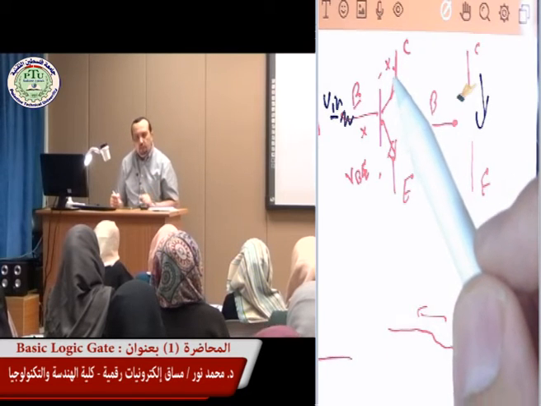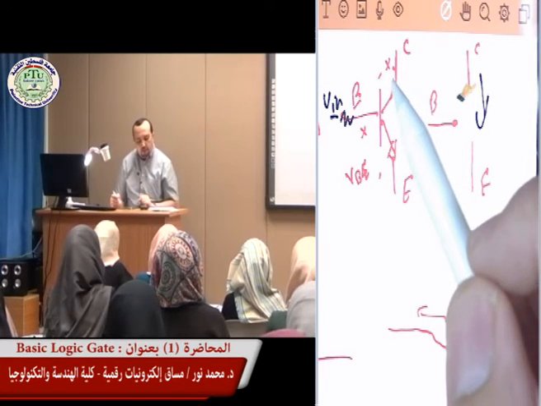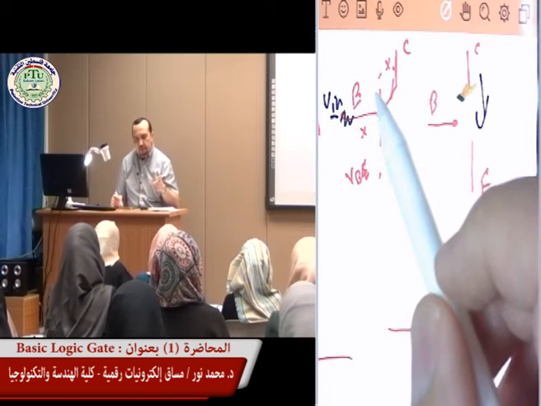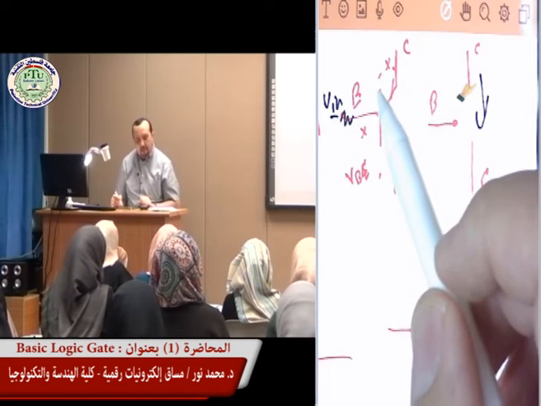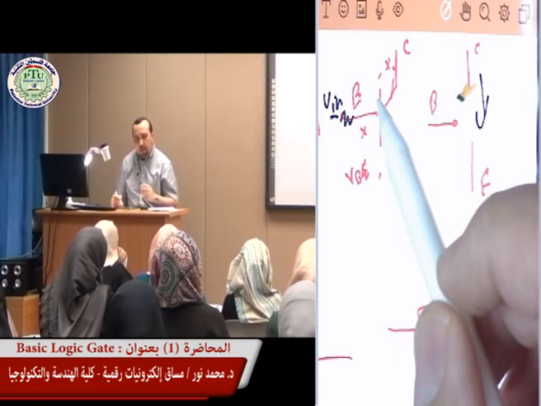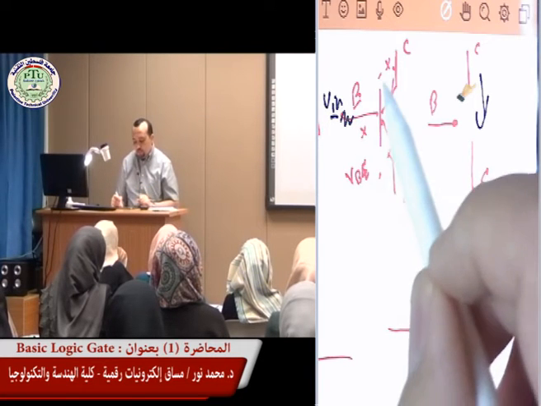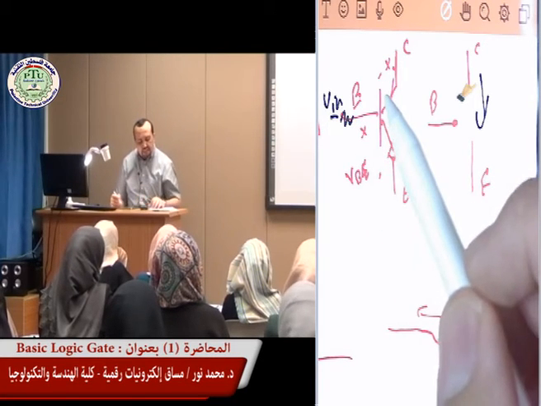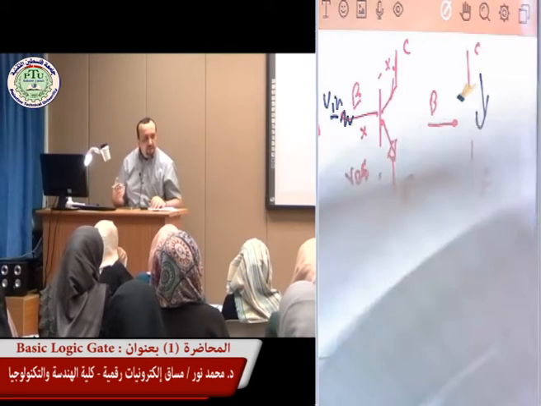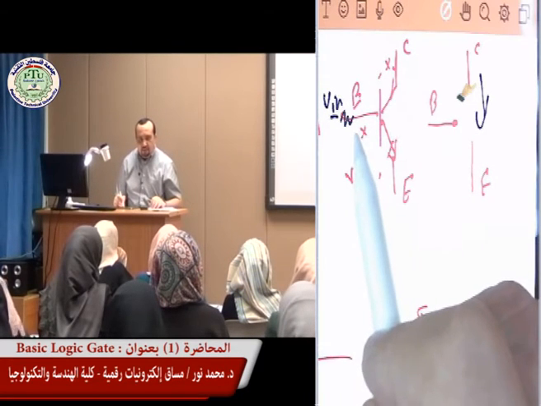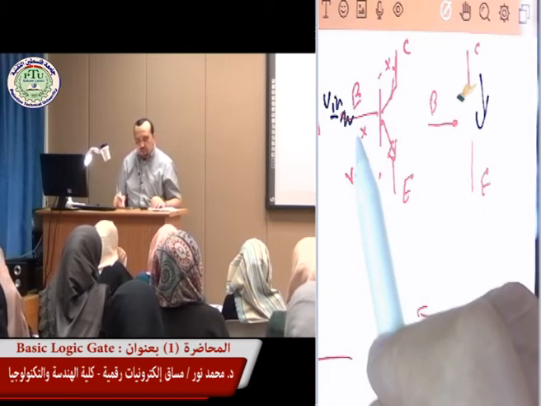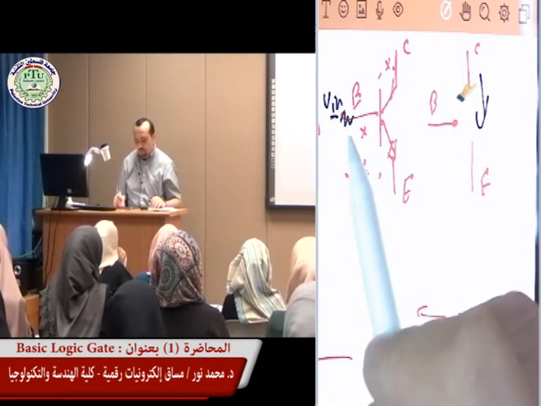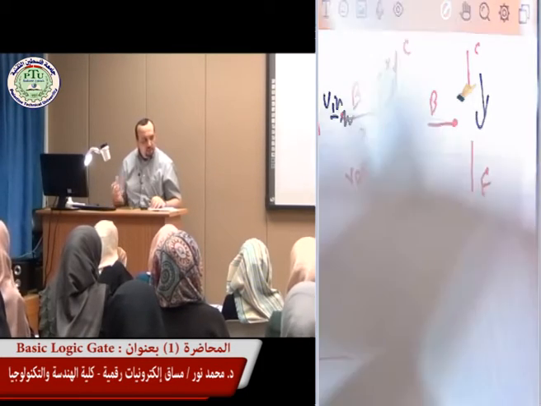In that case, we have the saturation region. We have the reverse region if we just flip the polarity of the bias voltage across both junctions. And cutoff is very simple: the voltage across VBE is less than 0.7, or 0, or whatever.